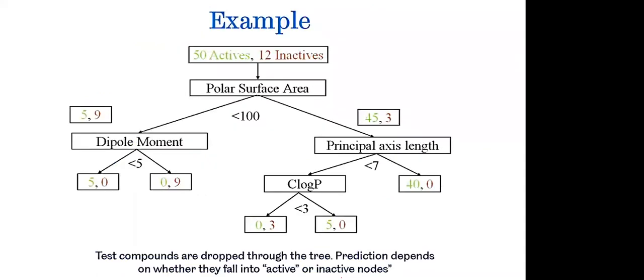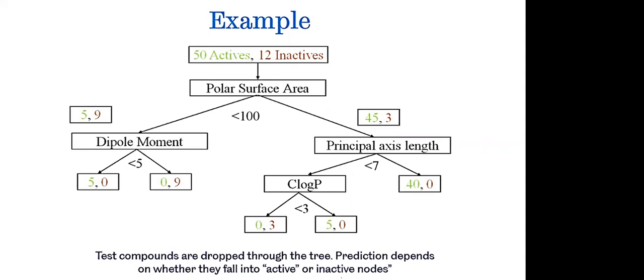For example, we have 50 actives and 12 inactives. In this, based on the property of polar surface area, we have less than only 5 here with dipole moment, and 9 inactives with dipole moment less than 5. Again, we have 0 with dipole moment less than 5 in the inactives.